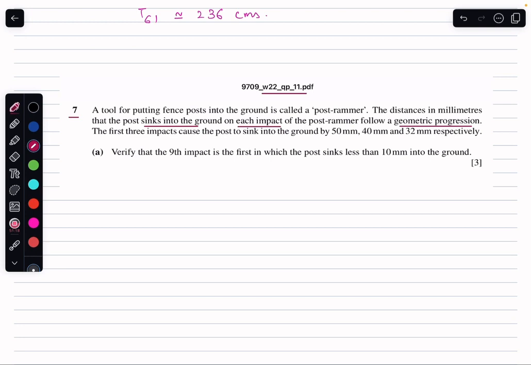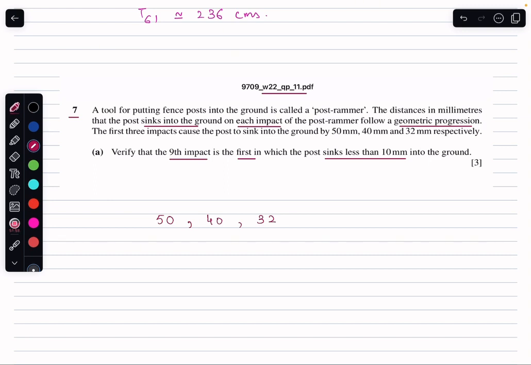The first three impacts cause the post to sink by 50 millimeters, then by 40, and then by 32. So we can see that the depth is gradually decreasing from 50 to 40 and then 32. Verify that the ninth impact is the first impact in which the post sinks less than 10 millimeters into the ground.